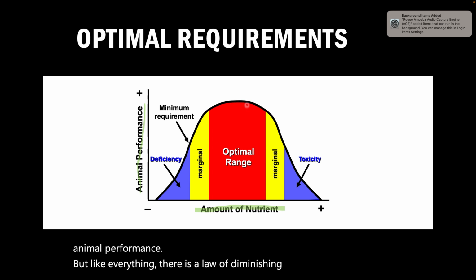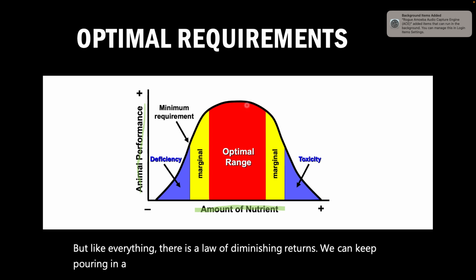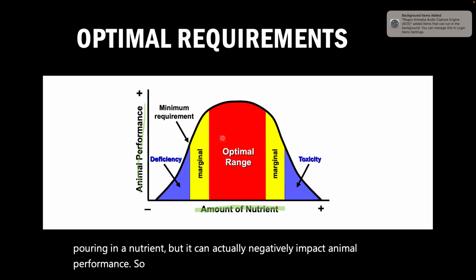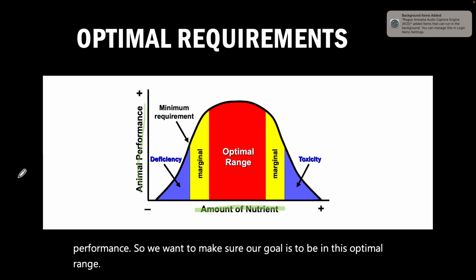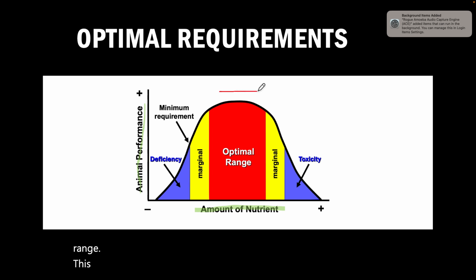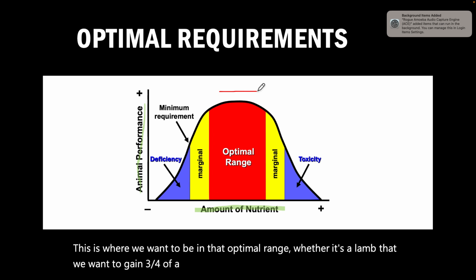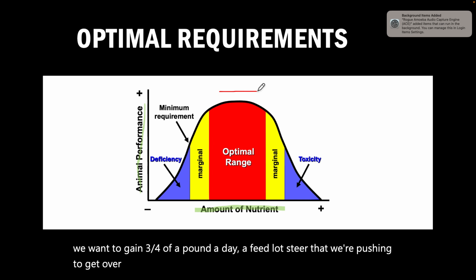We can keep pouring in a nutrient, but it can actually negatively impact animal performance. So our goal is to be in this optimal range. This is where we want to be, in that optimal range, whether it's a lamb that we want to gain 3/4 pound a day, a feedlot steer that we're pushing to get over 3 pounds a day of gain on them, whatever the case may be.